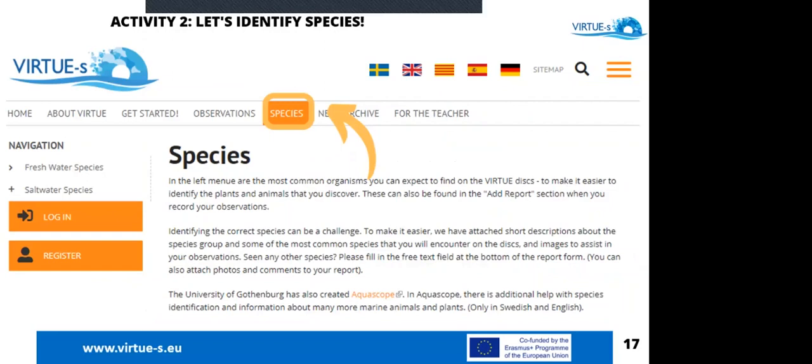On Virtu's website, I would like to stress also the existence of this section, species, where you can find pictures and descriptions of organisms that you can easily identify on the disks. These resources will make it easier to identify the plants and the animals that you are observing.